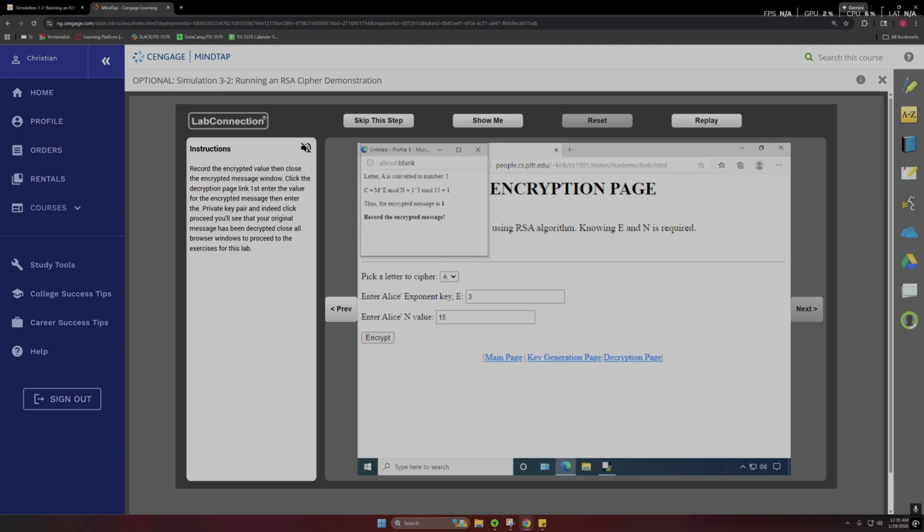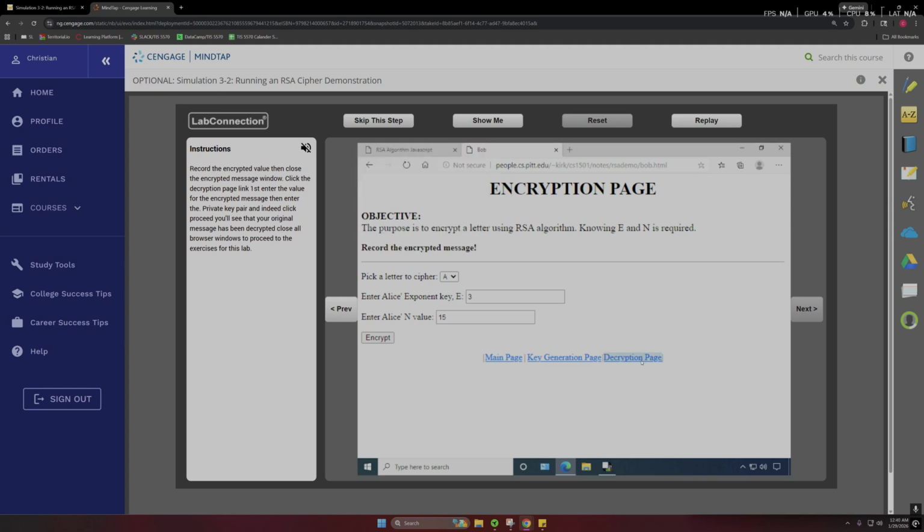Click the decryption page one link first, and then enter the values for the encrypted message. Then enter the private key pair and click proceed. You'll see that your original message has been decrypted. Then you can close all browser windows to proceed to the exercises for this lab. Okay, so we are basically going to click on the decryption page.